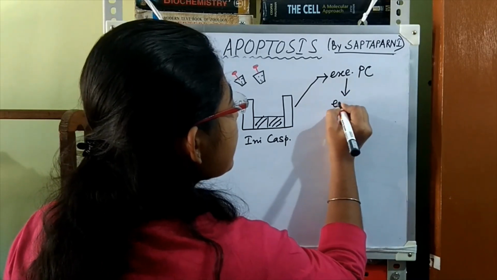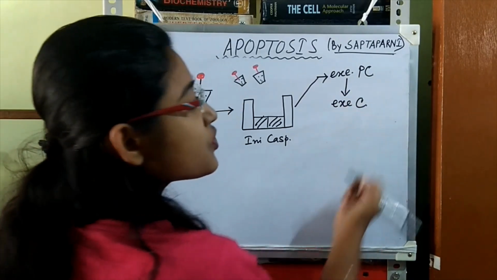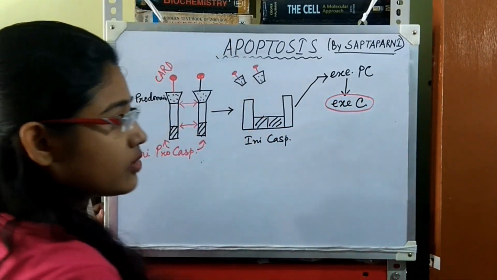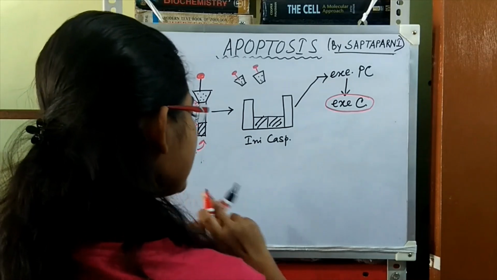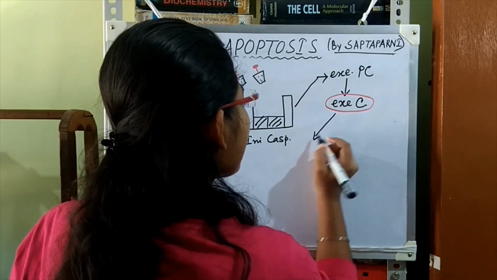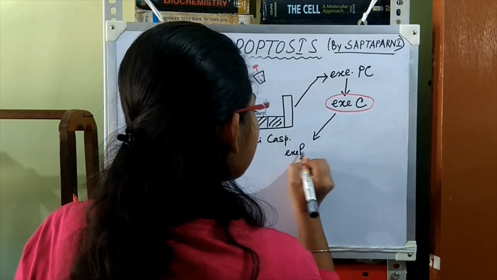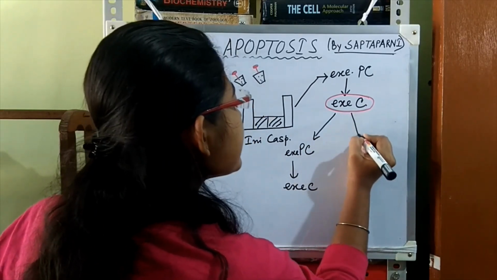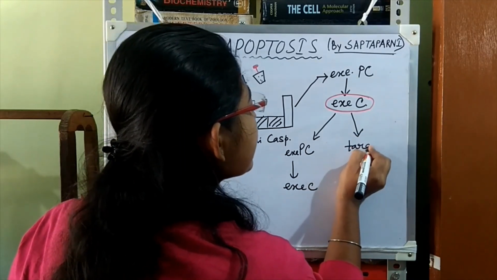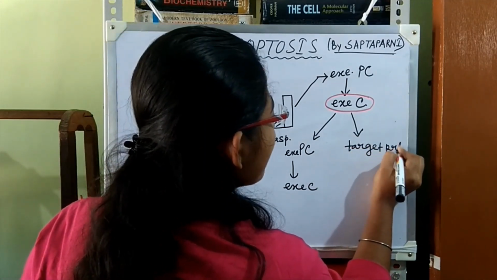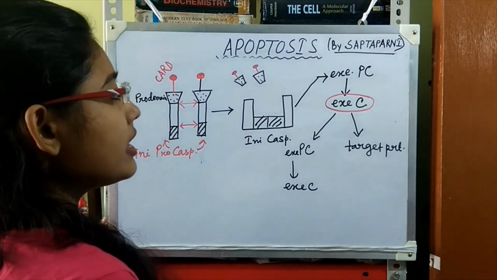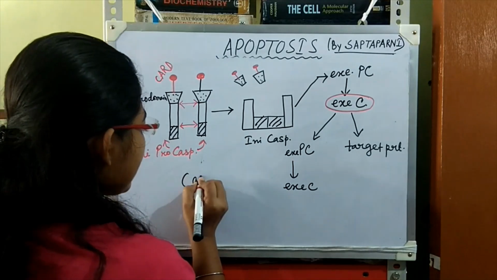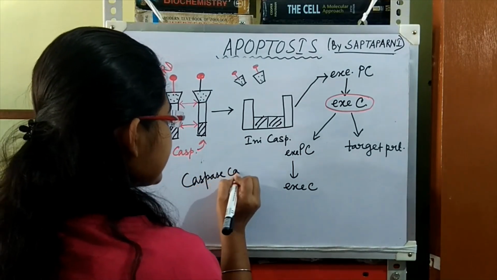So the initiator caspase will cleave executioner procaspase and form executioner caspase, or executioner C. Now this active executioner C may either cleave other executioner procaspases and form executioner caspase, or it may directly cleave other target proteins of the apoptotic cell. That is how the caspase cascade starts.